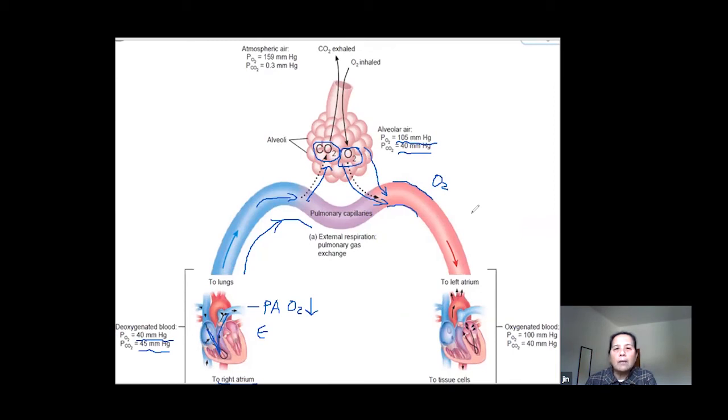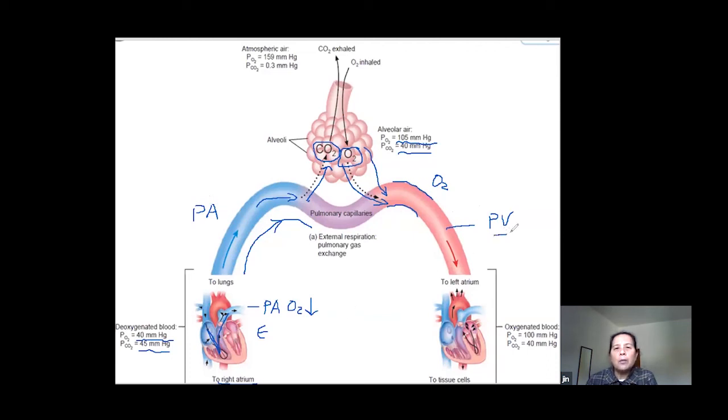But pay attention, these blood vessels return back to the left side of the heart. We call it the pulmonary vein. It can be confusing here. This is the pulmonary artery, even though it carries low oxygen blood.